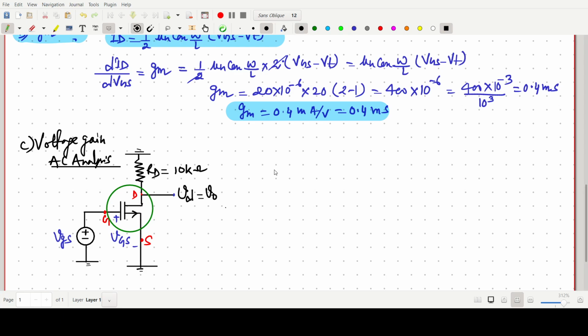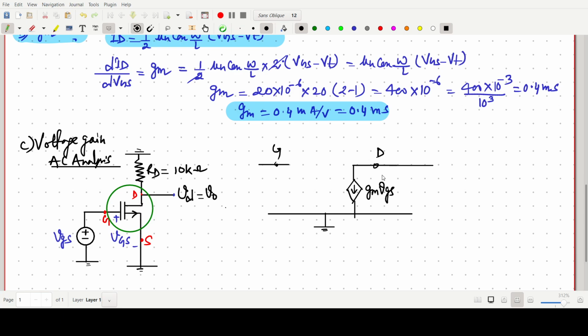So what we can do: this one is our gate, this is drain, okay, GM VGS, a small VGS, clear, and this would be our grounded.